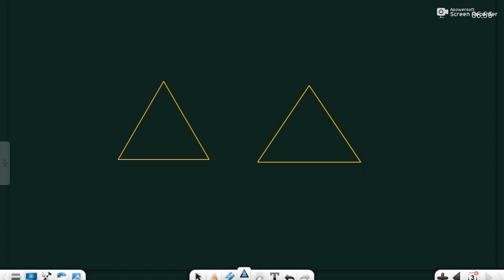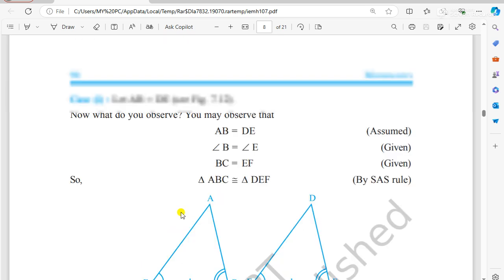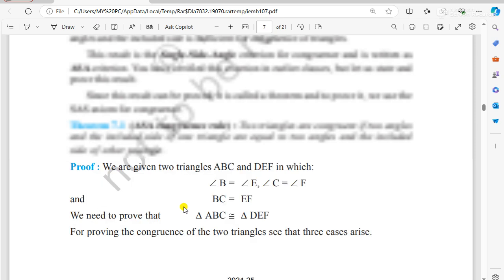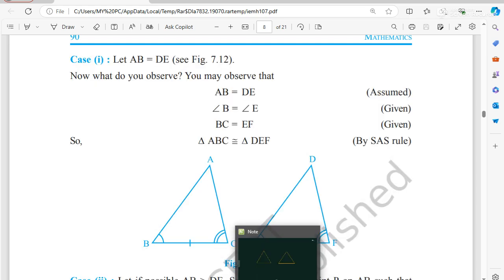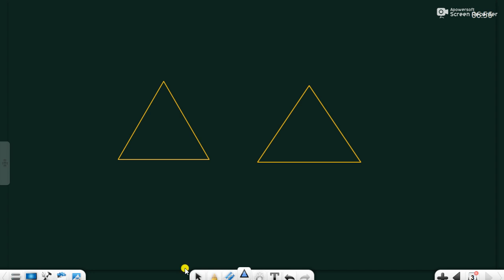Now what is the congruent rule? The congruent rule we are discussing is the angle side angle congruent rule. How will we compare using this angle side angle rule?